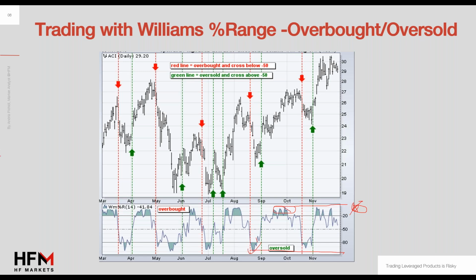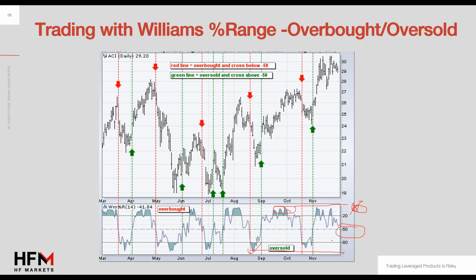You can see that it hits overbought and oversold levels on a regular basis. The red dotted line which I have marked is every single time that it crosses below minus 50. Every green line I've put on is every single time that it moves above minus 50.